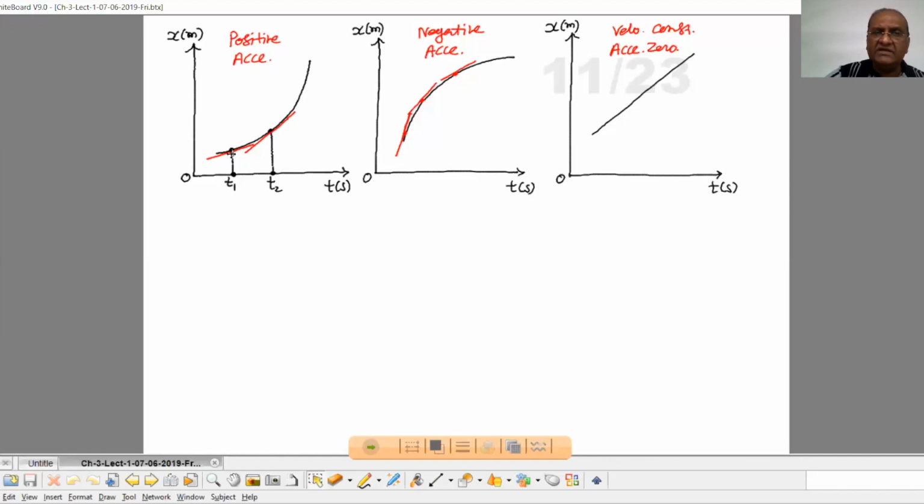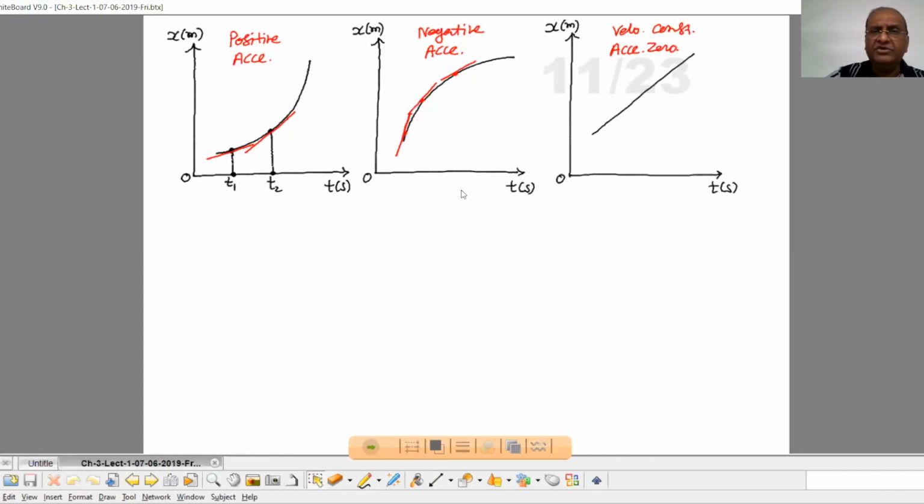So v2 minus v1 will be positive. So we can say that the acceleration for this type of motion, which is represented by the position-time graph here as shown in the figure, is positive acceleration. Clear? Or we can say the particle is moving with positive acceleration.